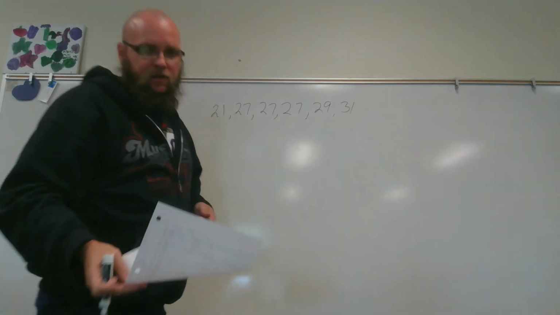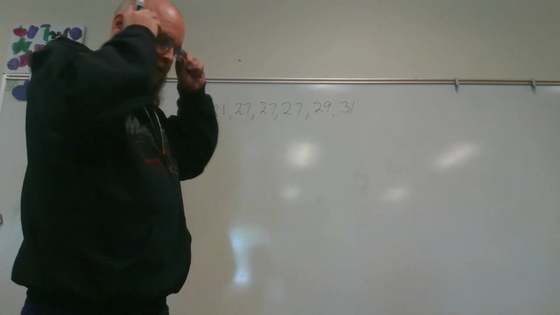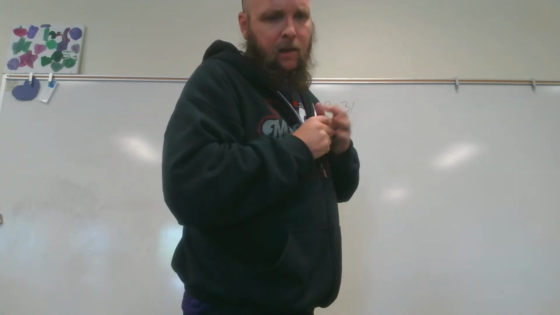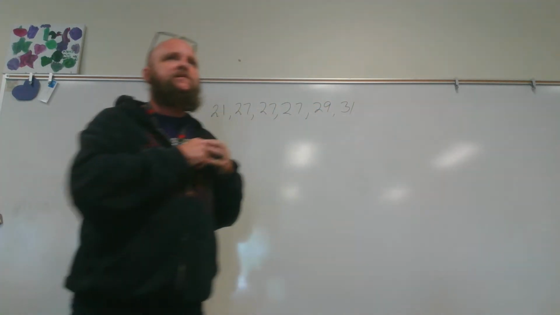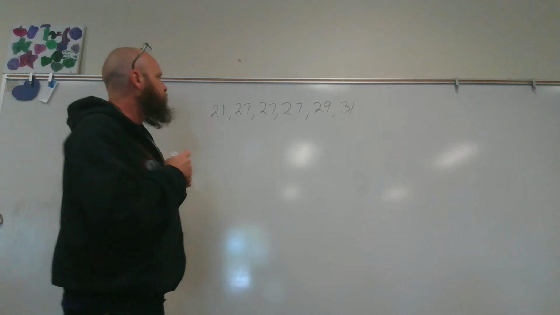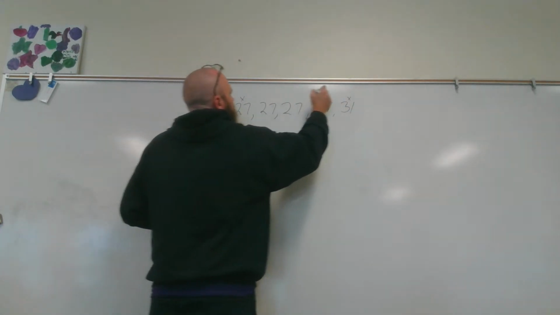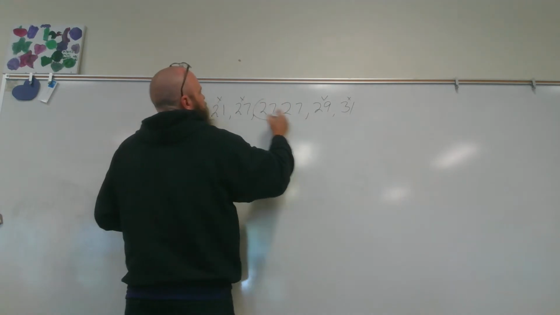And again, the question asks, true or false, if the median and the mean are 27. Well, I can find the median real quick. I find the one in the middle. And there are 2 in the middle.